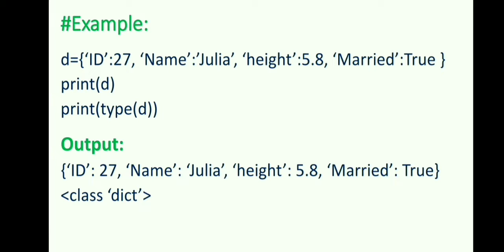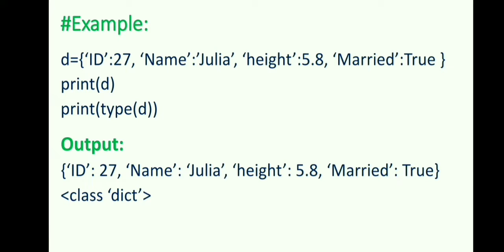This assigns a dictionary to the variable D. This dictionary's keys are ID, name, height, and married. The values for these keys are 27, Julia, 5.8, and true. This dictionary contains values of integer, string, float, and boolean data types.